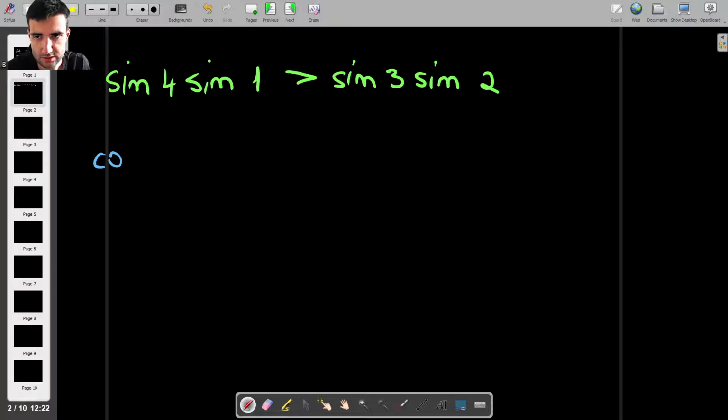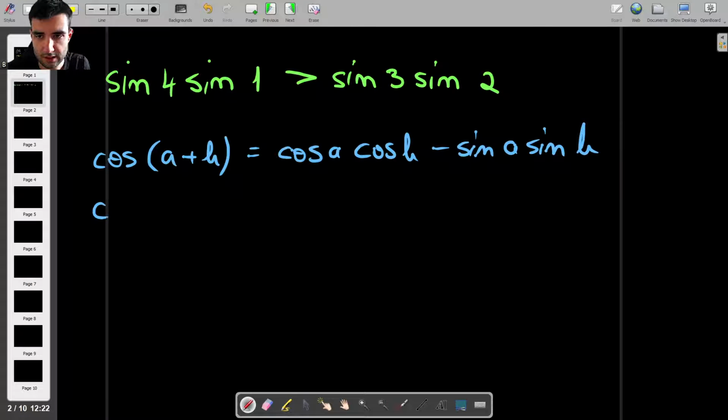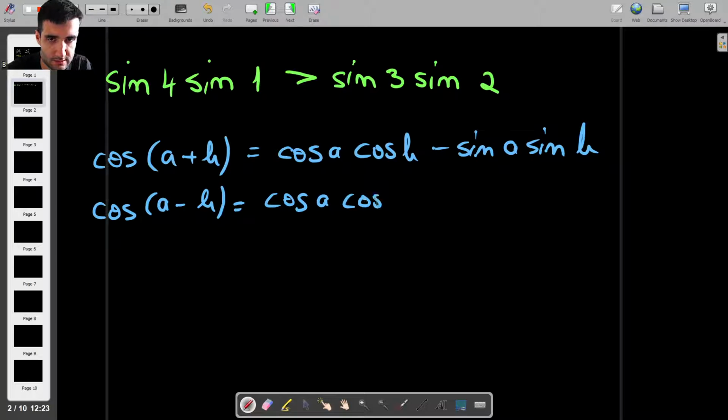We know that cosine of a plus b is equal to cosine a cosine b minus sine a sine b. And we're going to use the same thing for cosine of a minus b. So that's cos a cos b, and then plus sine a sine b.